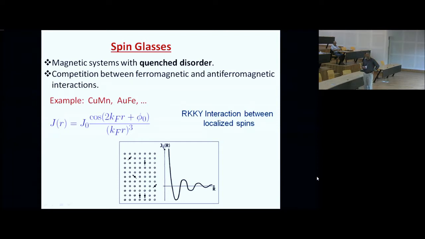And the interaction between a pair has this oscillatory form, so this interaction can be either positive or negative. So we have a situation where there are these randomly located sites, and the interactions between pairs can be either positive or negative, depending on where they are located. As a result, one has strange magnetic behavior of these materials.